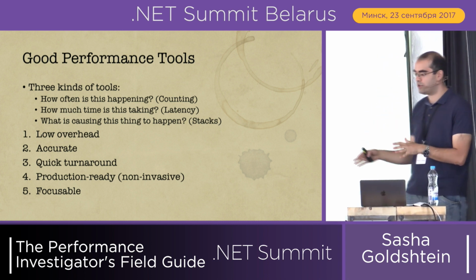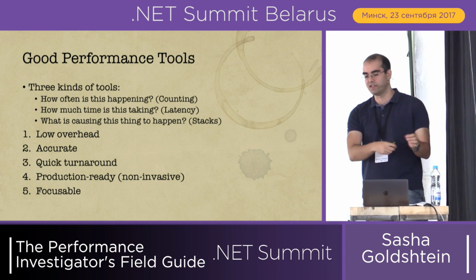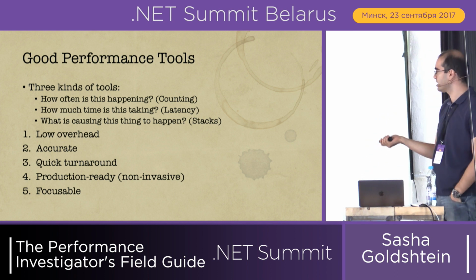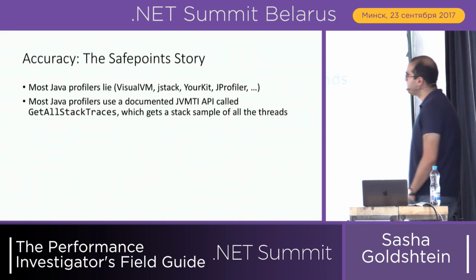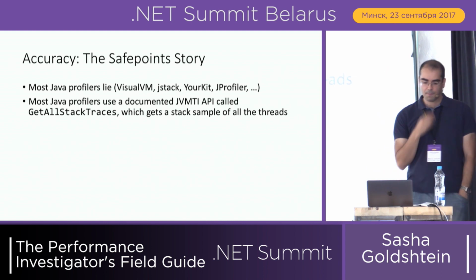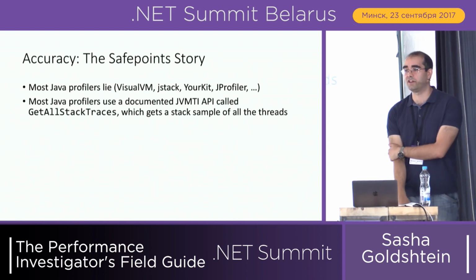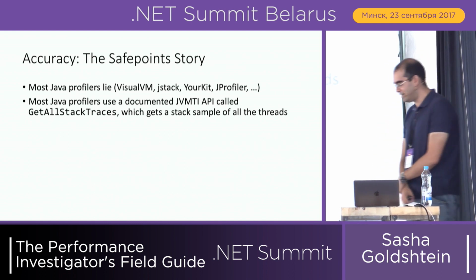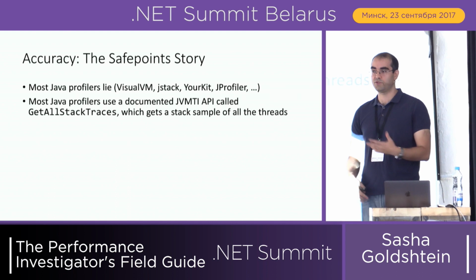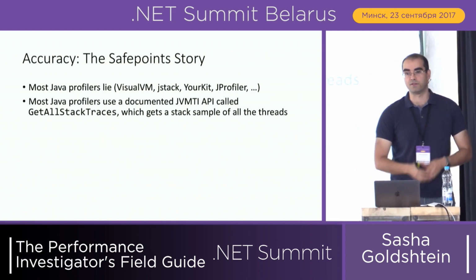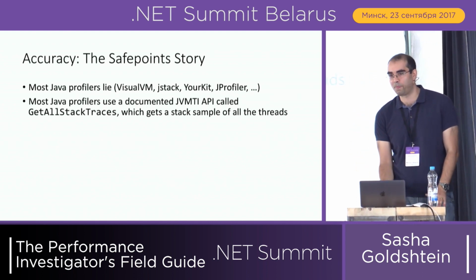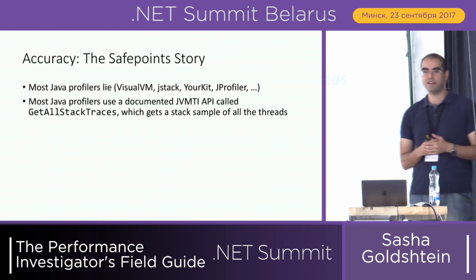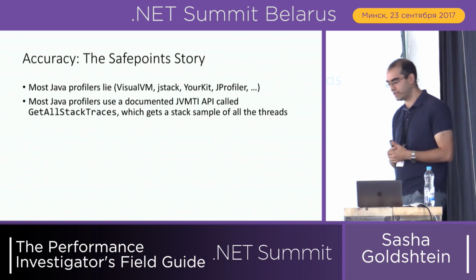So I don't have time to actually show you specific tools and specific scenarios, but I do want to show you a couple of examples of how these things can go wrong. So first, in terms of accuracy, I don't know if any of you are doing Java profiling work as well, but if you are, most Java profilers people use today, including commercial profilers, basically lie to you because they use a really flawed way of getting performance information out of the system.